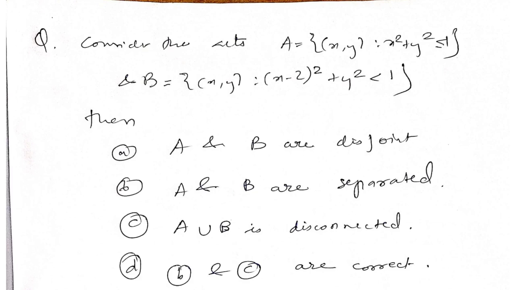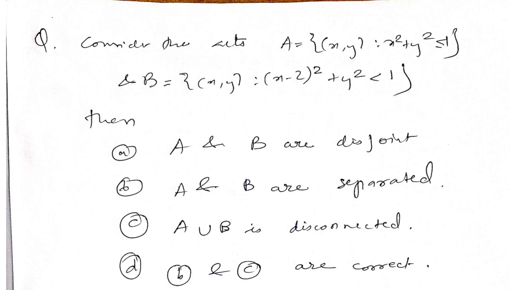So you are saying A and B are disjoint. What about the other options? That A and B are separated is wrong, and A union B is disconnected is also incorrect. How to prove that?